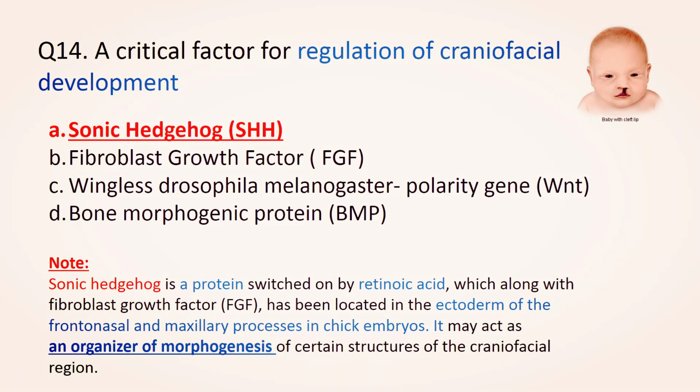Sonic hedgehog is a protein switched on by retinoic acid, which along with fibroblast growth factor has been located in the ectoderm of the frontonasal and maxillary processes in chick embryos. Sonic hedgehog may act as an organizer of morphogenesis of certain important structures of the craniofacial region.